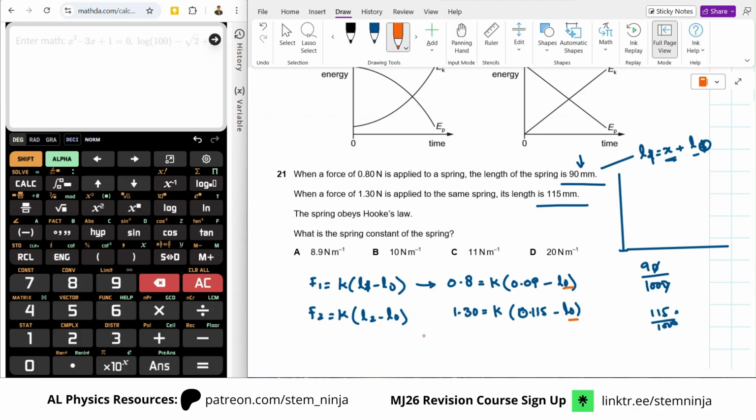So this would be 0.8, the first one, divided by K equals 0.09 minus L0.